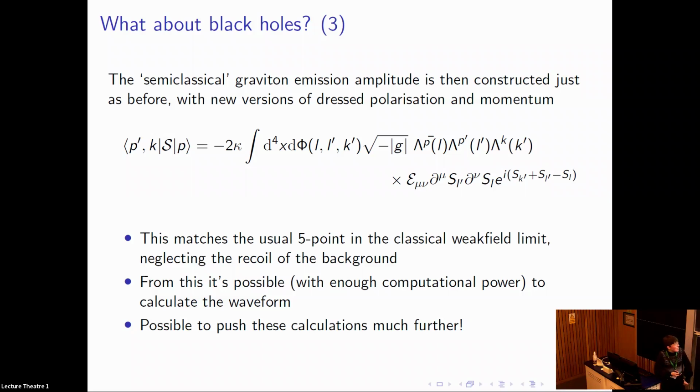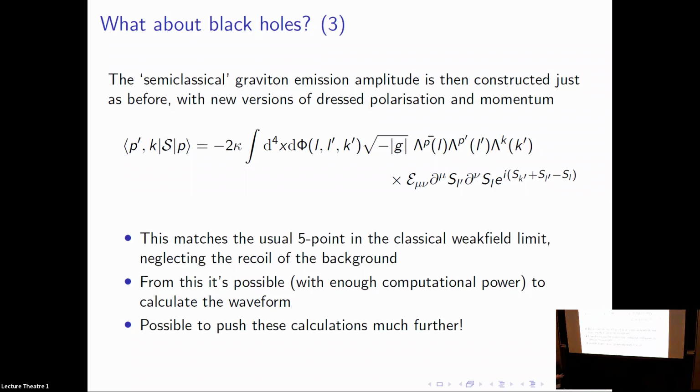You can see that if you take the appropriate classical and weak field limits of this expression, and also neglect the recoil of the background, so the big black hole, then this reproduces the usual 5-point that we have for two massive scalars emitting a graviton at tree level.